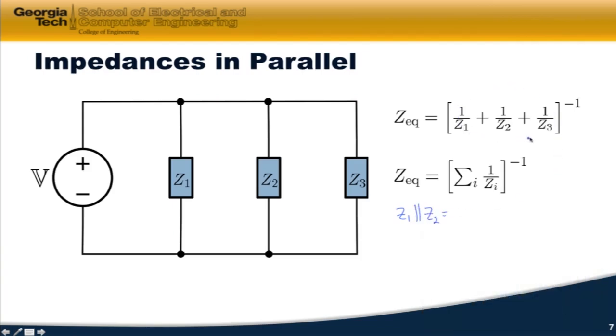If I look at this expression and Z3 is gone, then all I've got is two terms. I can simplify it to Z1 times Z2 over Z1 plus Z2. So that's two impedances in parallel with one another.